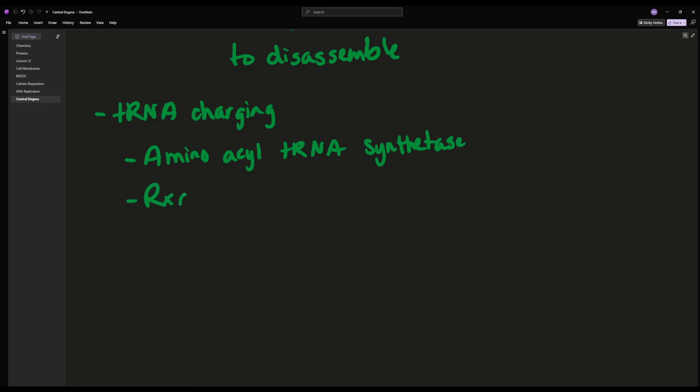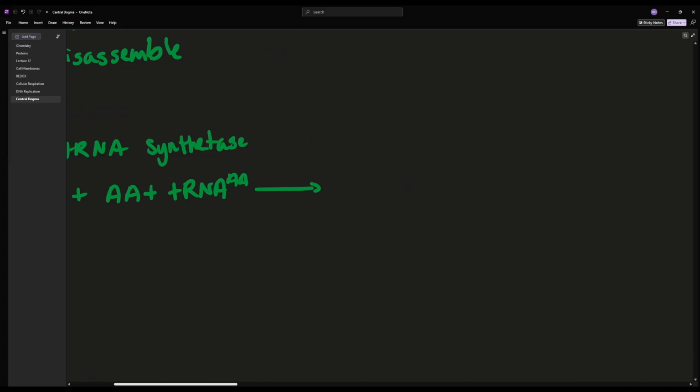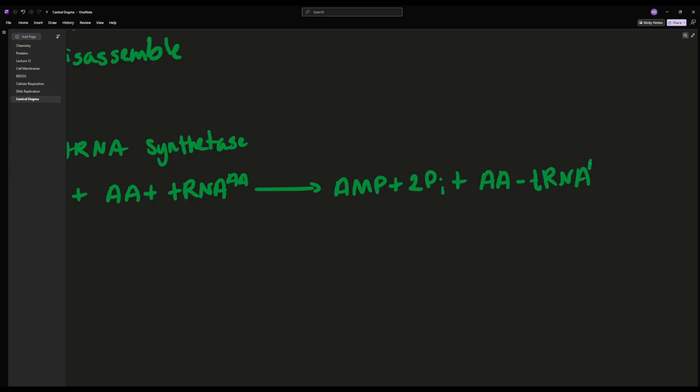So the reaction is ATP plus the amino acid plus the tRNA that corresponds to that amino acid ends up going to AMP plus 2 inorganic phosphates plus the amino acid attached to its tRNA that corresponds to that amino acid.